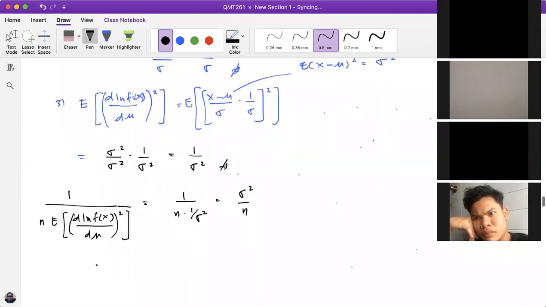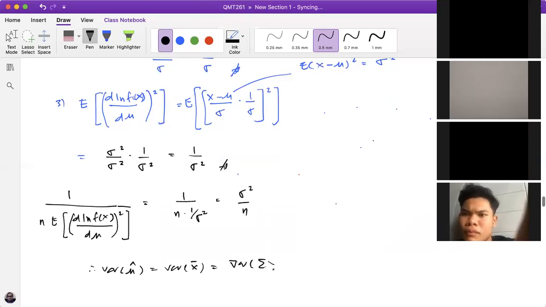So the variance of mu hat, which is also equal to the variance of x bar, is equal to the variance of the summation of x divided by n. If you expand based on theorem number 1, chapter number 1, if you still remember, it becomes sigma squared divided by n.